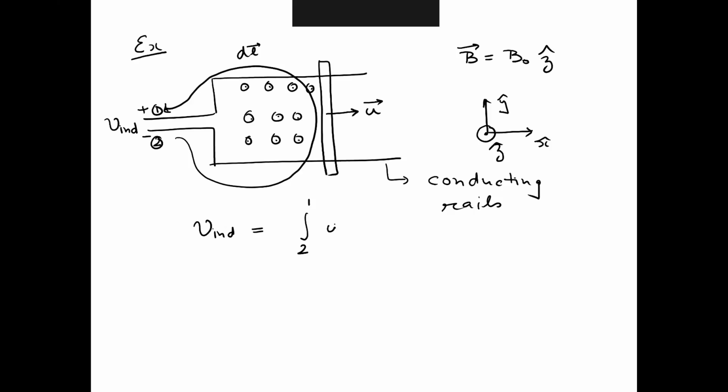So it is U dot DL. You go from what we call the negative of your induced voltage to what we call the positive of your induced voltage.